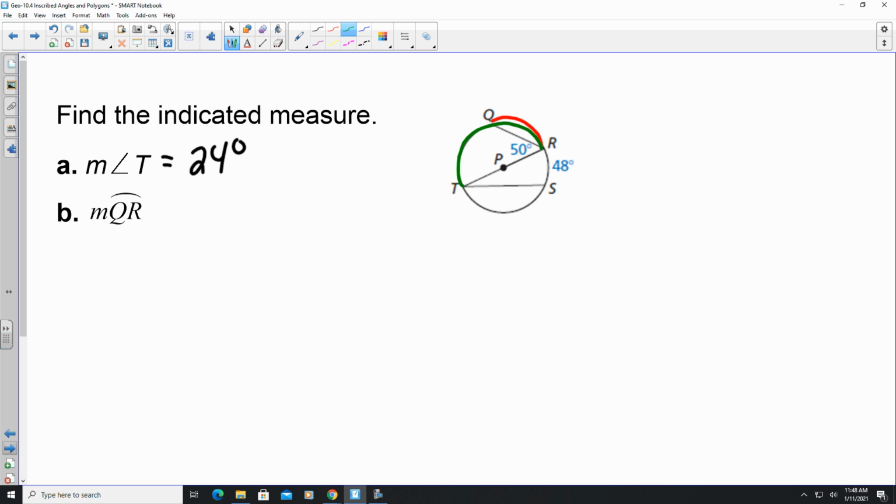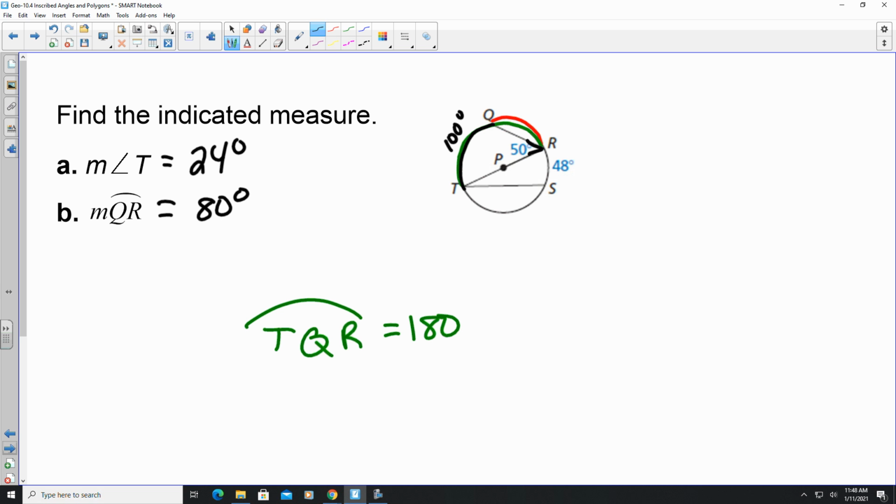So that means that arc TQR is 180 degrees. We also can say that arc TQ is going to be 100 degrees, because since this angle is 50, you take 50 times 2, you get 100. Now, knowing that this semicircle is 180, I'm just going to take 180 subtracted by 100, which means that arc QR is 80 degrees.